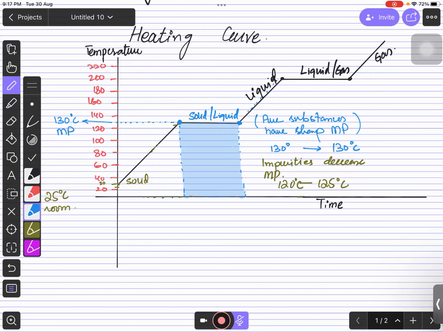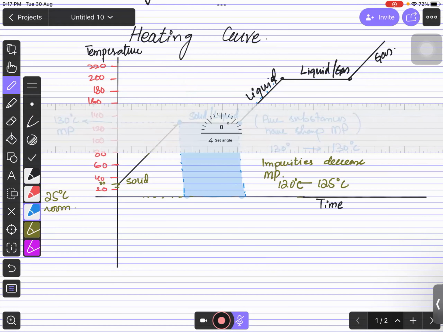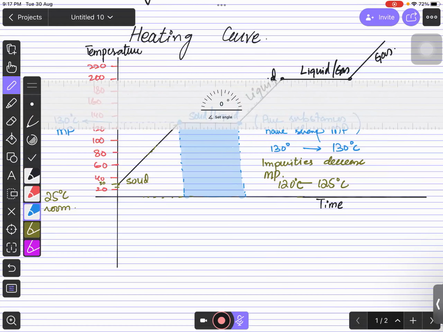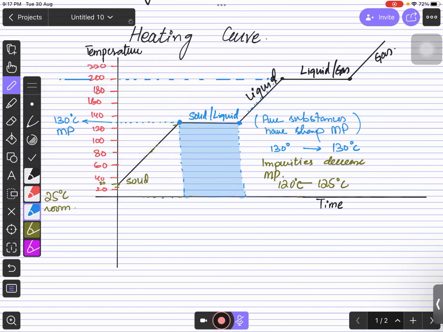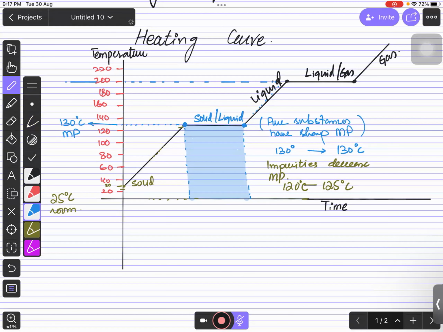At this point, this is actually the boiling point of this substance. What is the boiling point? You can see this, bacho. The boiling point is actually 200 degree centigrade, right? So the boiling point of this substance is 200 degree centigrade.